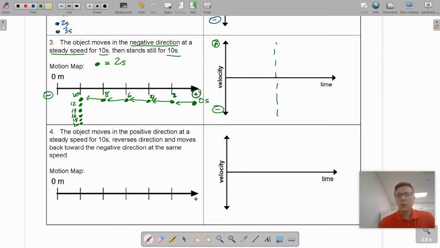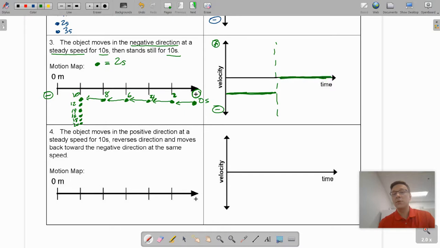So all I'm going to do is I'm going to show that this object has some constant negative velocity to start off with. Okay, so we need to draw a flat horizontal green line here on the left part of the dotted line. And then for the final 10 seconds, the object is standing still. It stops. So again, we want to put that line right here on 0.